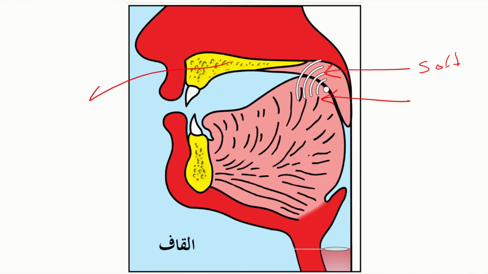That yellow part that we touched before is the hard part of the palate, or the bony part if you want to call it. So with the qaf, you have the furthest point of the tongue, furthest from where? From the lips. The furthest point of the tongue is touching the soft palate.